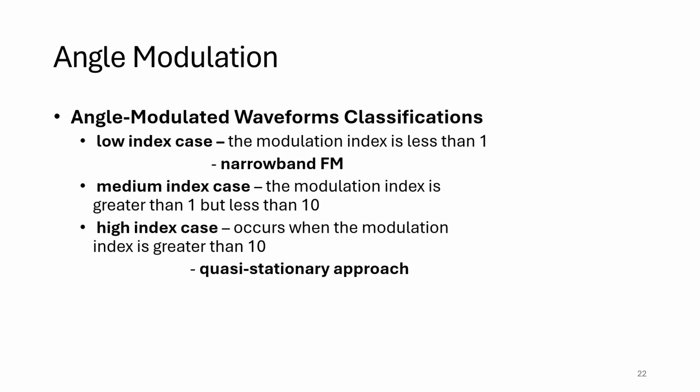A high index case occurs when the modulation index is greater than 10. We also call this the quasi-stationary approach. For PM, the modulation index is equal to the peak phase deviation.